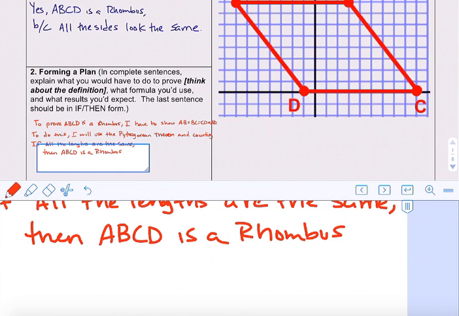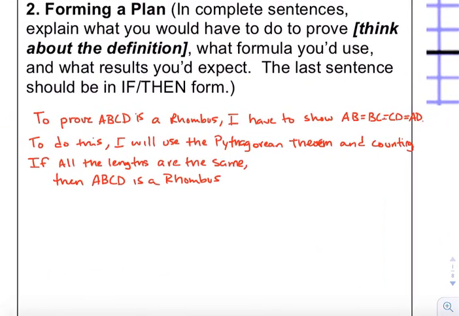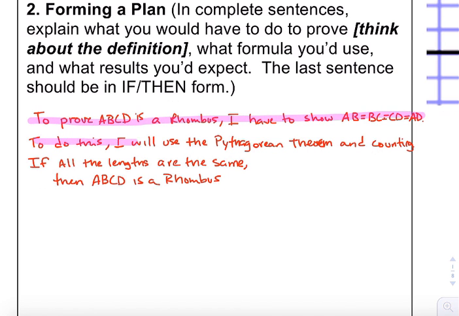Okay, and both parts of this are necessary. The two parts being: I have to identify what I'm going to do. So I identified that I have to show all the sides are the same. I'll use Pythagorean counting to do it, and then I gave myself a success indicator: if all the lengths are the same, then ABCD is a rhombus.